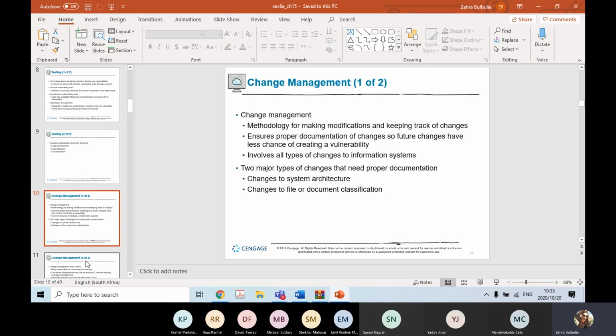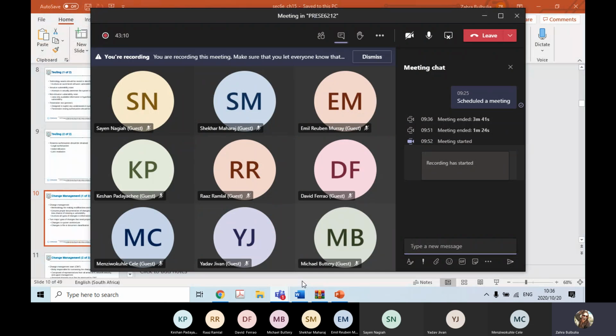It ensures proper documentation of changes occurs, so future changes have less chance of creating a vulnerability. What I mean when I'm talking about change management is that any software you're thinking about has a vulnerability inherent in it. No system is 100% secure.